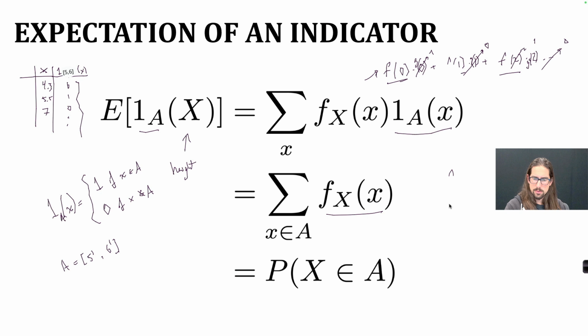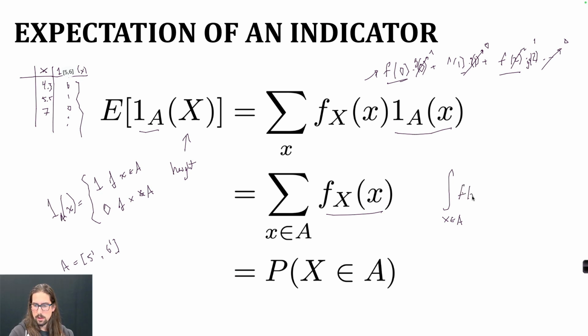And for continuous random variables, you get the same kind of thing. You just integrate over the set A of the density, and that's the probability. But it's the same thing, because this integral is the integral of the indicator of x times f dx.